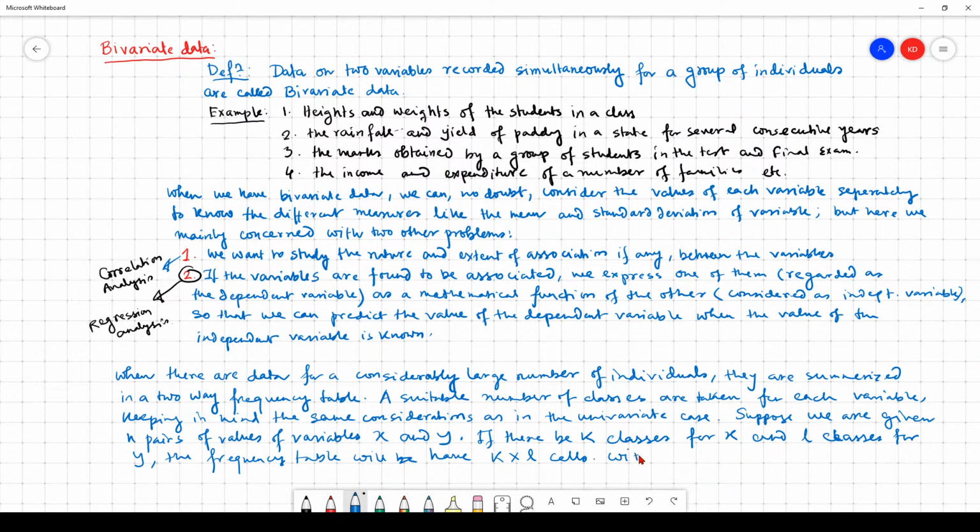With the help of tally marks, we can find the frequencies of different cells.